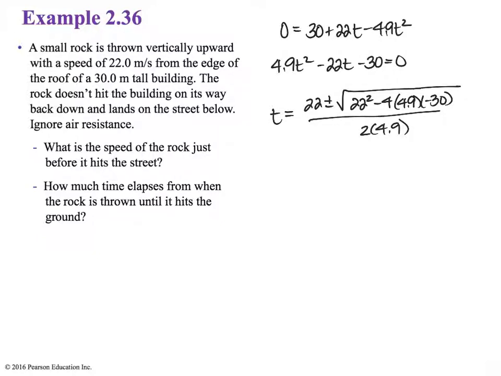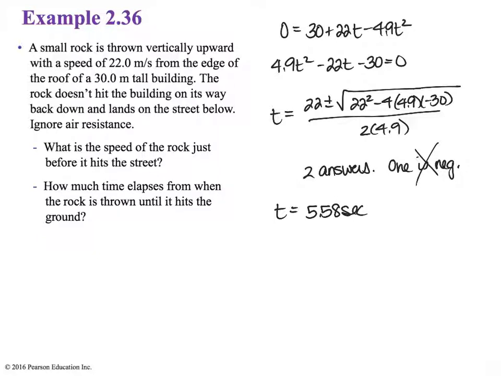So you do need to know the quadratic formula, you can't forget it. Notice this is going to give me two answers, and one of the answers is going to be negative. We can't use the negative answer because we can't have negative time, so our positive answer is 5.58 seconds.